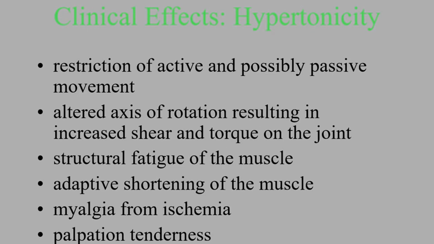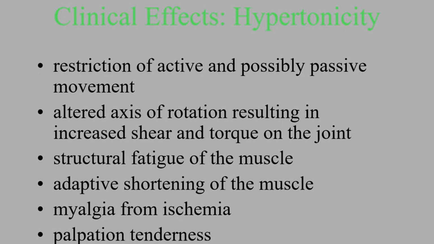The clinical effects of these segmental effects, and they do occur throughout the segment, is restriction of active and possibly passive movement. The hypertonicity of the muscle restricts how much movement occurs. It also, and perhaps more importantly, alters the axis of rotation during movement, and this may lead to increased shear and torque applied to the joint, and then possibly damage to the joint surfaces or other structures.